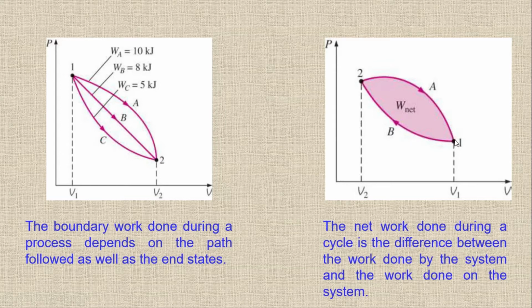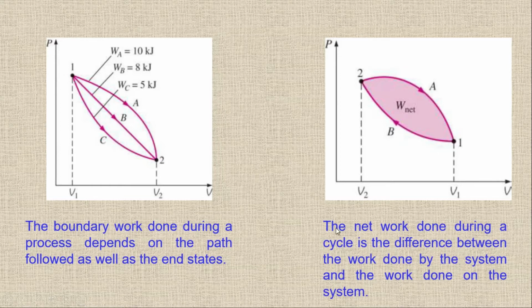So from this initial state, it's going upward. There is a compression process. In the compression process, the pressure will increase, the volume will decrease. We have another state which is state number 2, and then we have an expansion process where volume is going to increase while pressure is going to decrease, and then we have the final state. And in this case, the initial and final state is same. We have basically a closed loop.